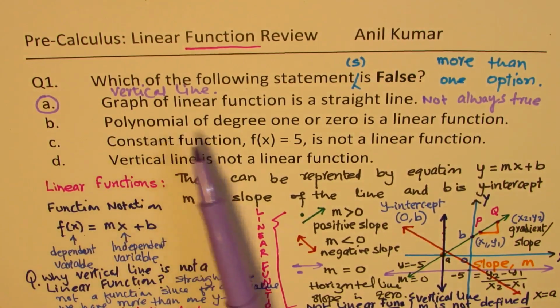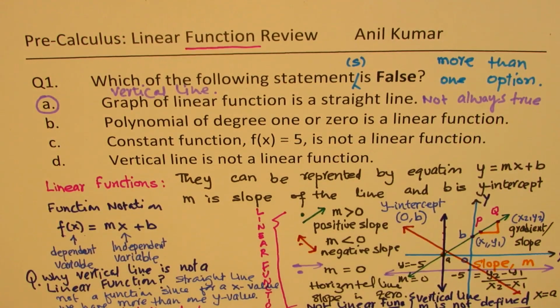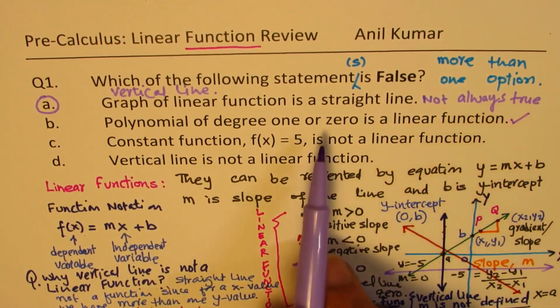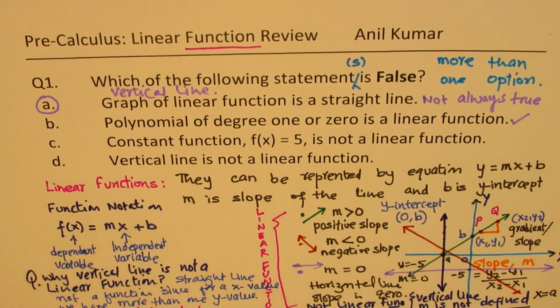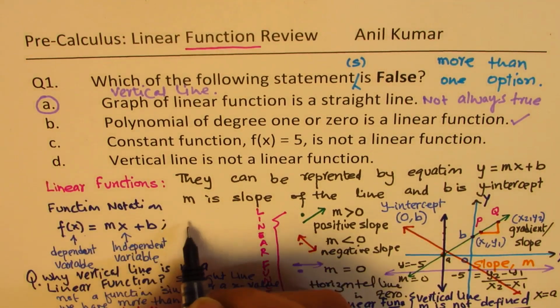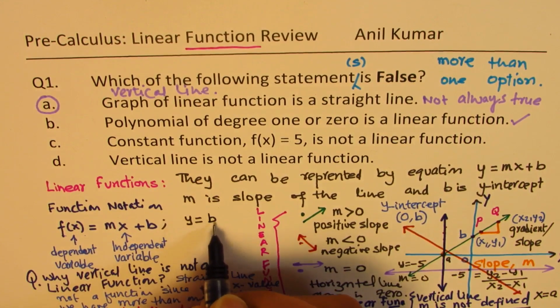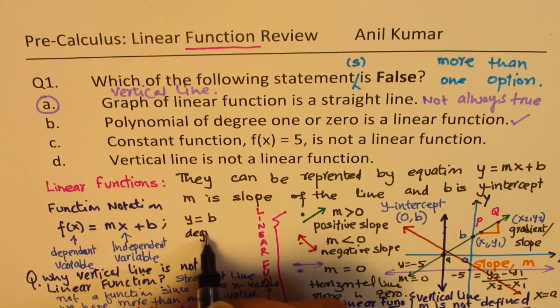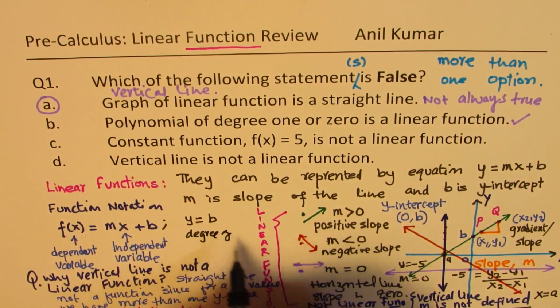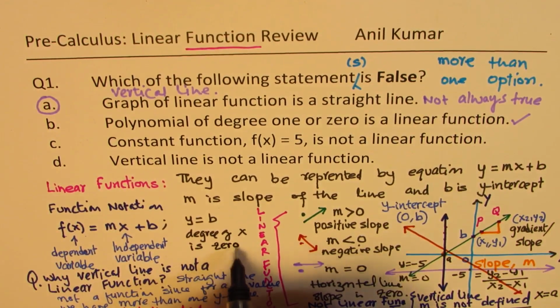Second, polynomial of degree 1 or 0 is a linear function. That is correct. So here we have a polynomial mx plus b, right? We could also have here the equation y equals p. Now here degree is 0. Clear?